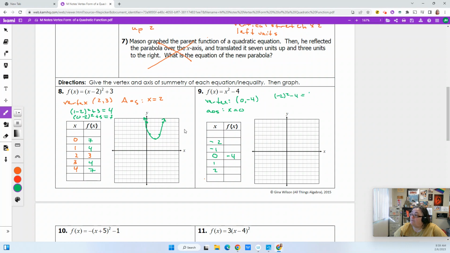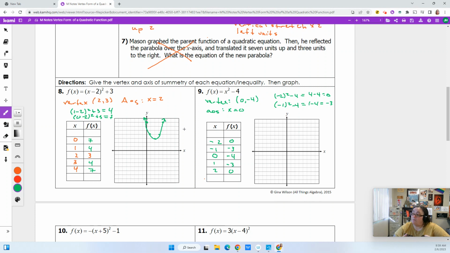That's the same as saying 4 minus 4, which is 0. And then I'm going to do it for -1. I'm going to go, oh, -1 squared minus 4 is 1 minus 4, which is -3, right? 1 minus 4 is -3. And I know that these are just going to repeat.